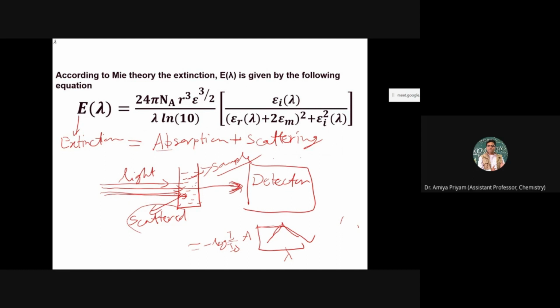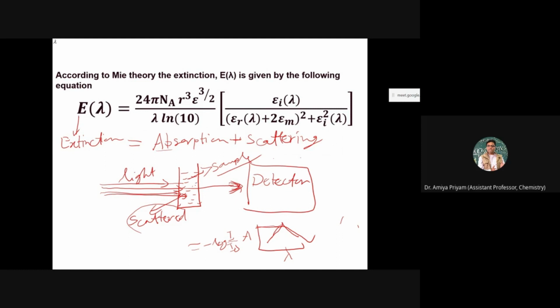But now you know that there is contribution of both absorption and scattering, which on screen you get as absorbance. So extinction is a more fundamental term. Scattering and absorption both happen simultaneously, but in the case of nanoparticles, scattering cannot be ignored, and it is better to represent it with extinction.